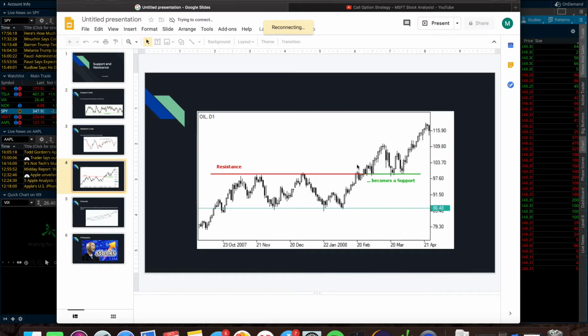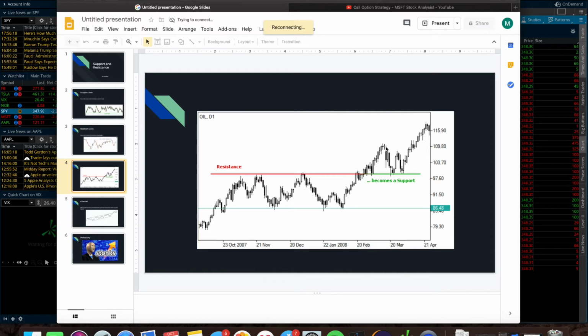Now there's plenty of times when the support becomes the new resistance and the resistance becomes the new support. For example, in this chart, we see three bounces off the support level around 86.48, and we see 3 bounces off the resistance line around 97.60. However, we finally have a double bottom, and if we break out of the resistance, we make a higher high.